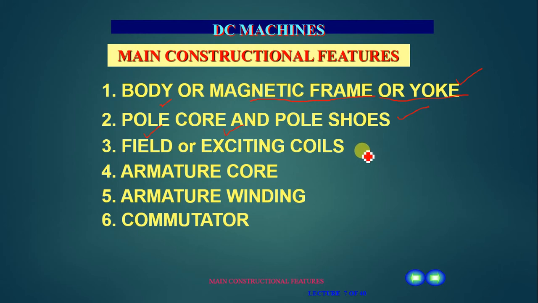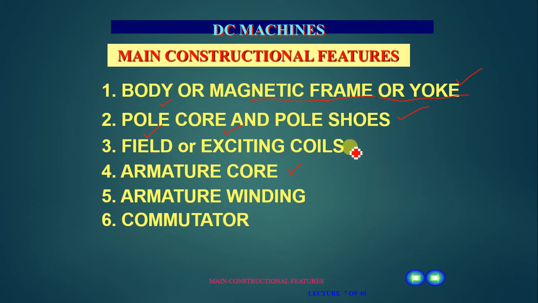Field coils are meant for generating the electromagnetic lines. Exciting coils are the same thing; when field coils are given supply from an external source, they are generally termed exciting coils.